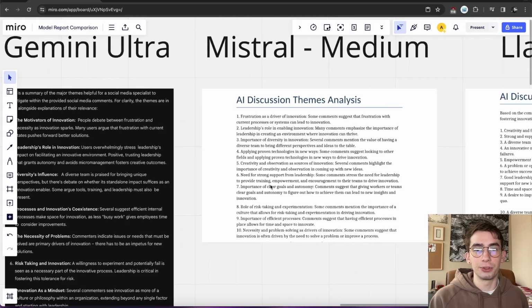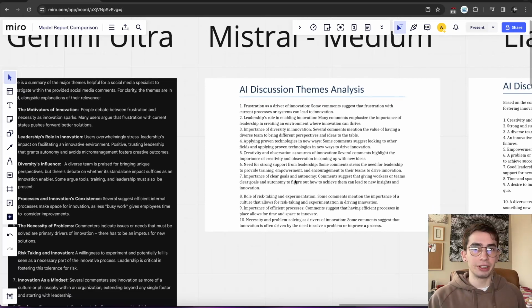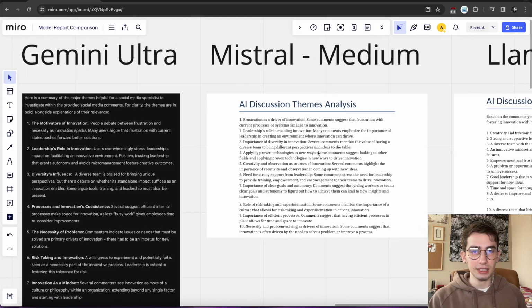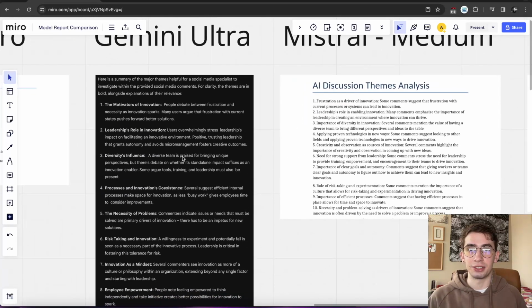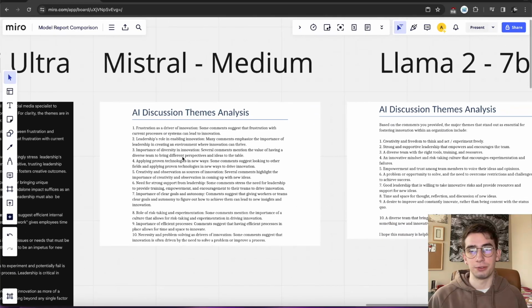It's things like importance of clear goals and autonomy here, and then its reasoning being comments suggest that giving workers or teams clear goals and autonomy to figure out how to achieve them can lead to new insights and innovation. So it is pulling directly from the comments to do its reasoning, but just a little bit more concisely than Ultra and GPT-4 Turbo.